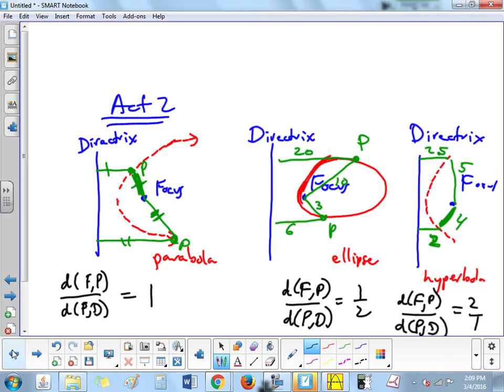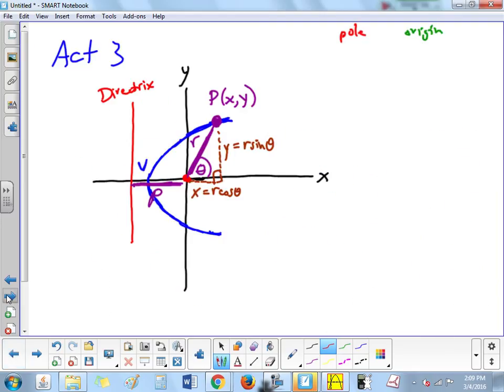Yeah, it's a long word. Eccentricity. Right. So they all have eccentricity. Parabolas have eccentricity 1, ellipses less than 1, hyperbolas greater than 1. Okay, so what I could do is sort of just generally write, this statement would be true, the distance from P to F divided by the distance from P to D is called E. That's a true statement. No lie.